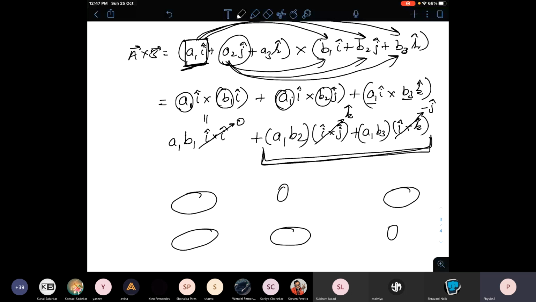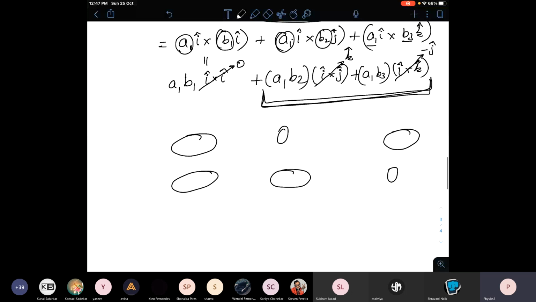Now, how to combine, how to find a shortcut method to calculate these 6 terms? The method to find this is the determinant method. What is determinant?